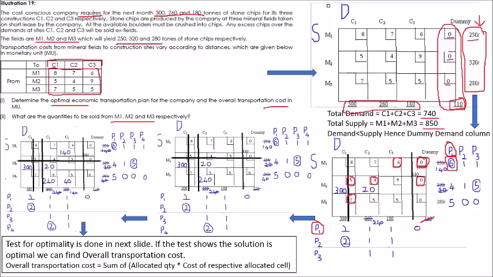My demand is becoming 0 here, so this column is exhausted. That's why this column is cancelled. I have allocated 110 here. So the balance is 140.